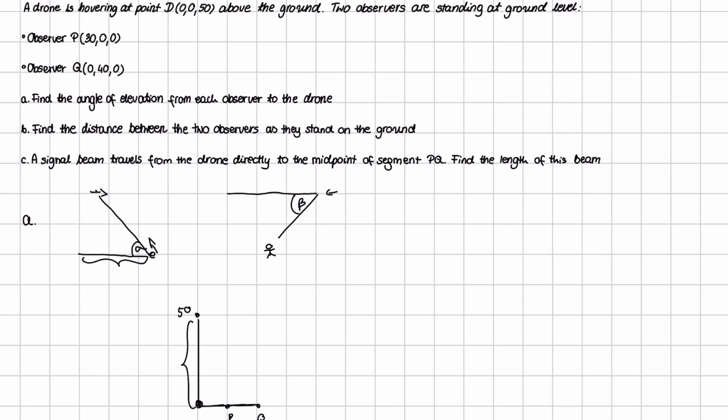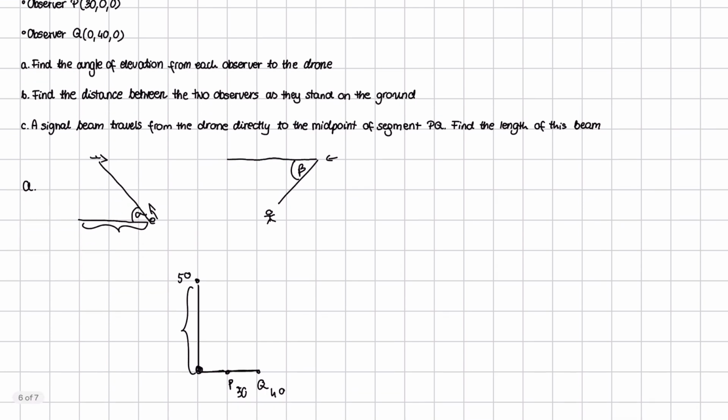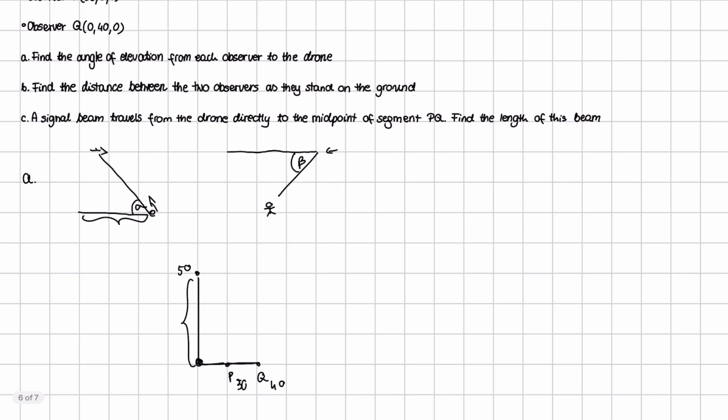Our drone has (0, 0, 50), so z is 50, it's our vertical height, and x and y are just horizontal distances. So we can draw our image like this, and here we can observe that we have two triangles, and we have to find the angle of elevation from each observer to the drone.